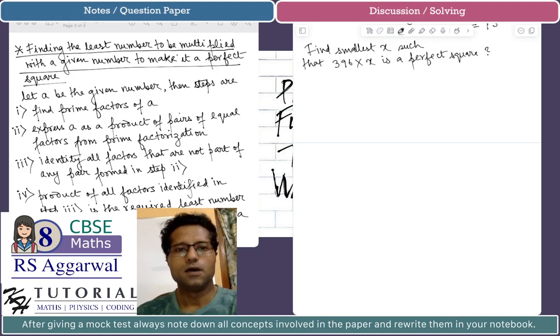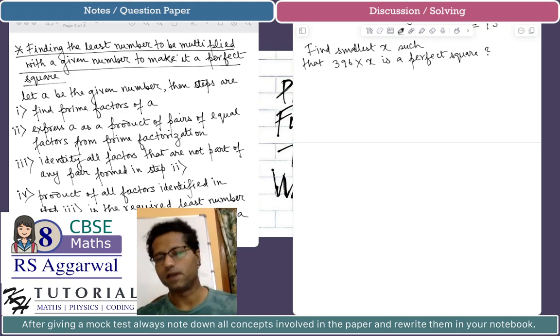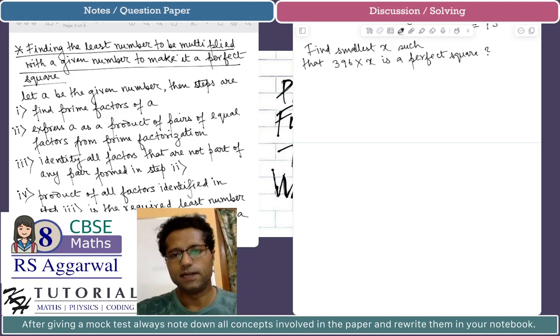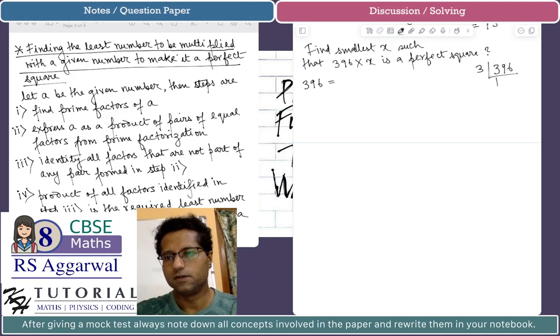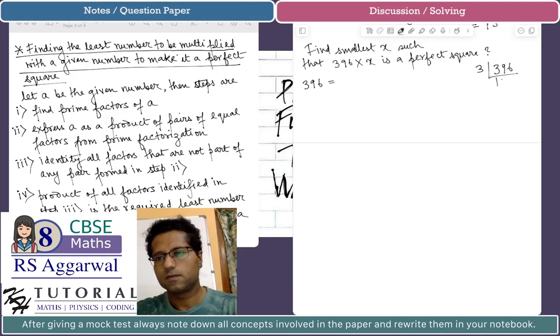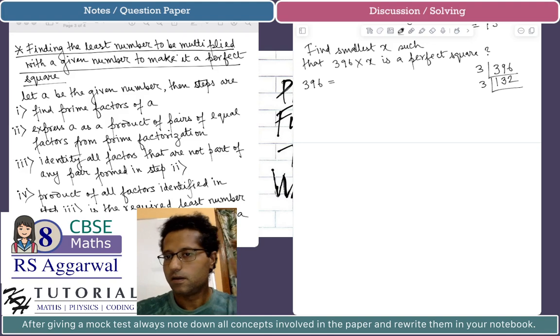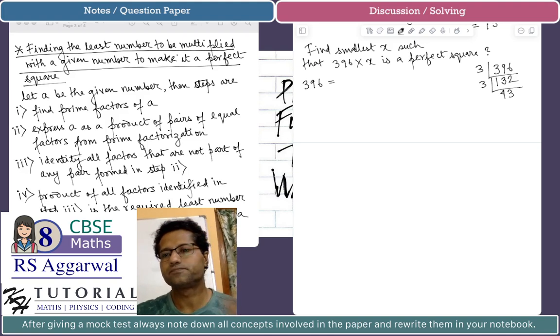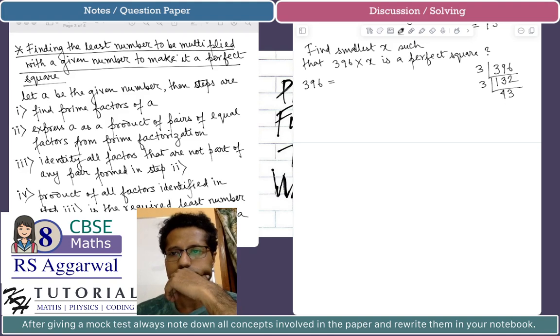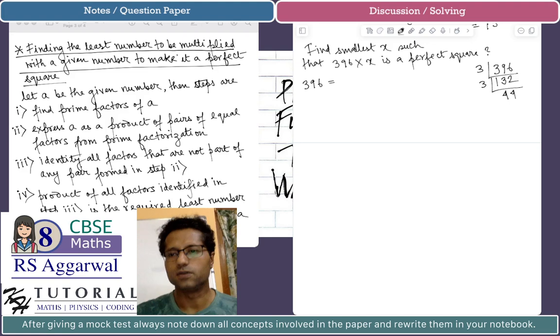So the idea is, you will find the prime factors of the given number. 396 is the given number, so let's do its prime factorization. It divides by 3, 132, and then again by 3, 44.